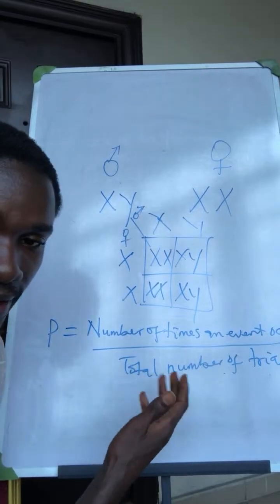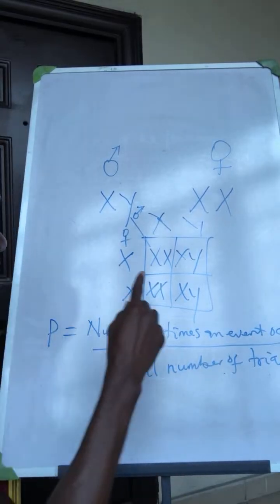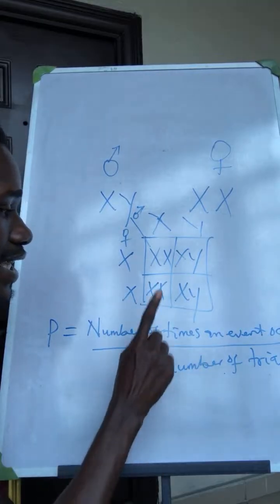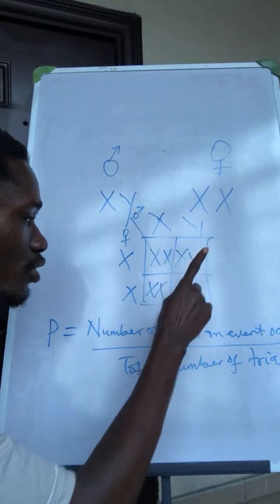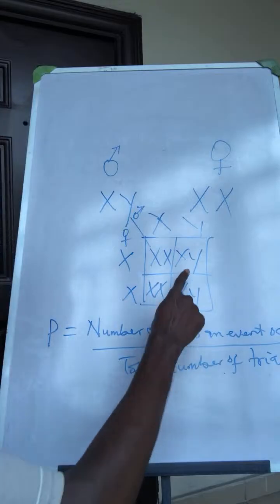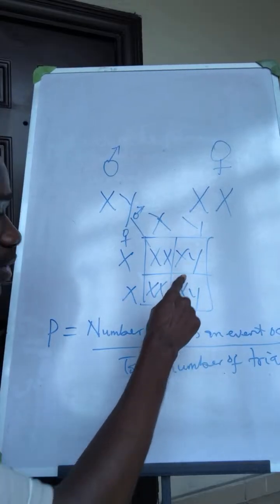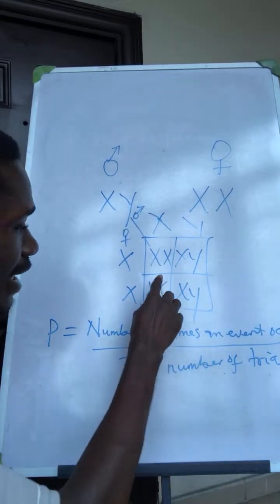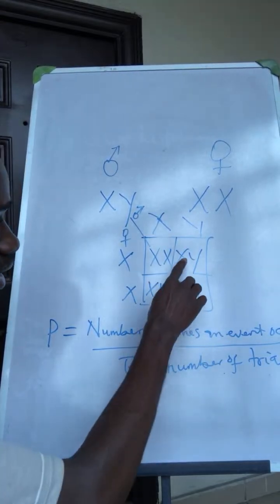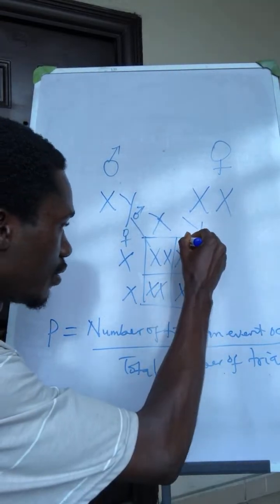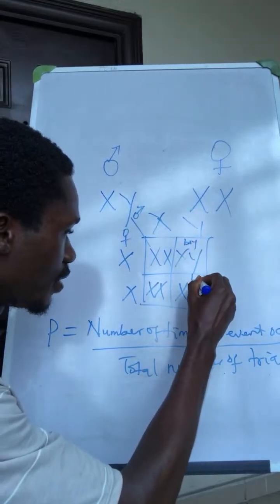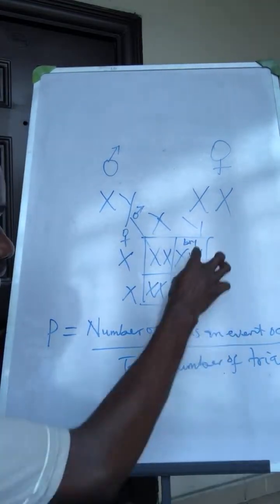What this big grammar means is that these are 4 boxes. How do you know when they are going to have a boy or a girl? If you're looking for a boy, what you're looking for is the event: a boy. How many times did the boy child appear here? X and Y means it's going to be a boy. So we have 2 possibilities here.